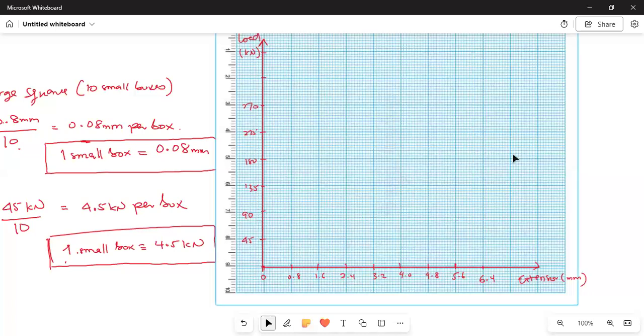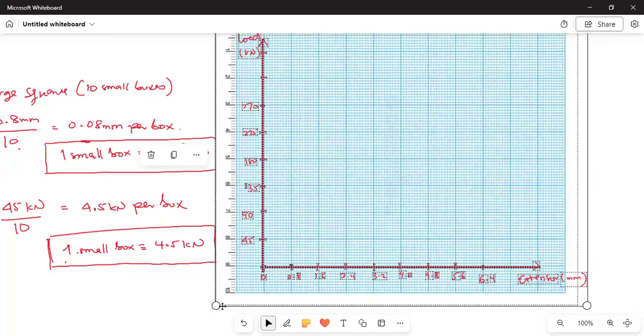Any questions so far? I have a few minutes before I leave for a meeting. Okay, then let's proceed. So now, what do we do? Easy. Now we know the value of one box in the x direction. We also know the value of one box in the y direction.